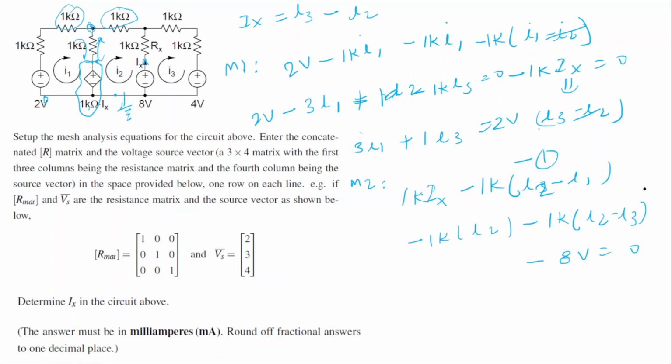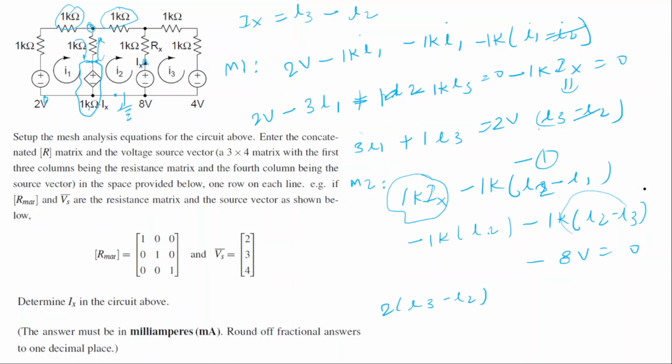Okay, so now this Ix we will replace as I3 minus I2. So this I3 minus I2 and this I3 minus I2 will be summed up, so it becomes 2 times I3 minus I2.